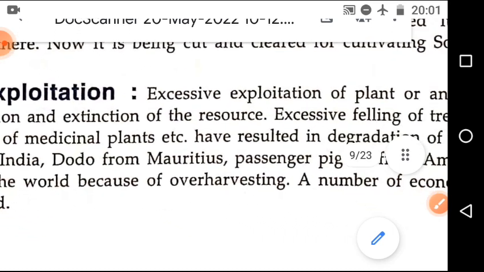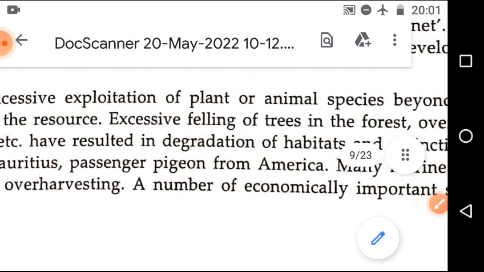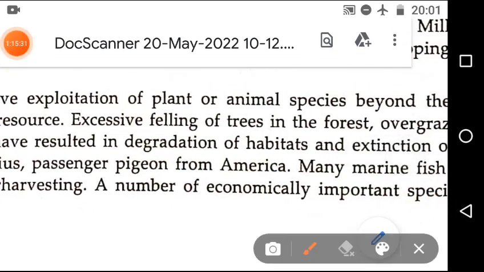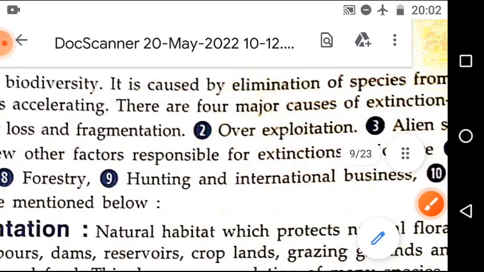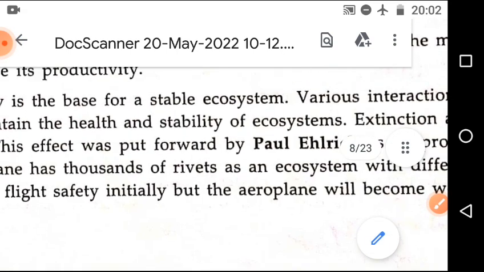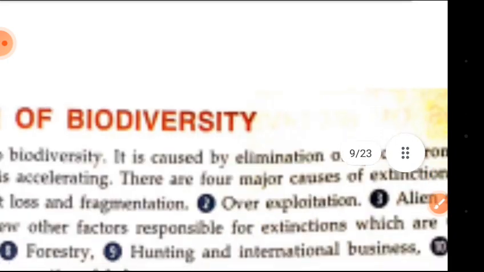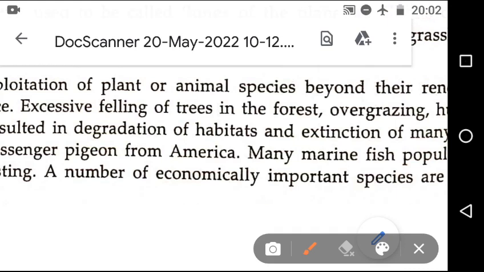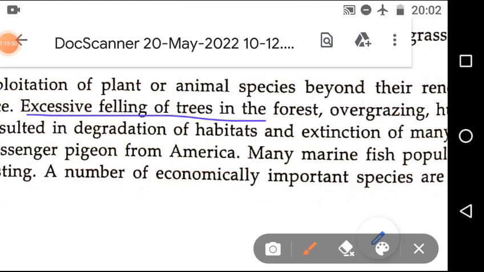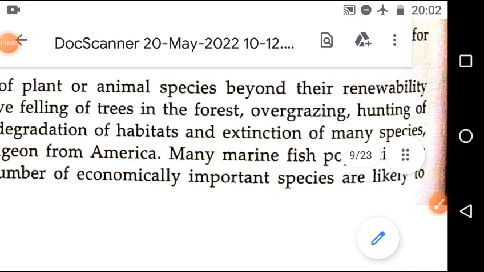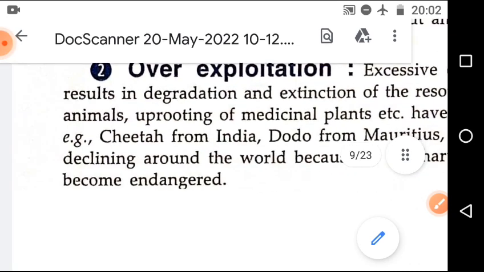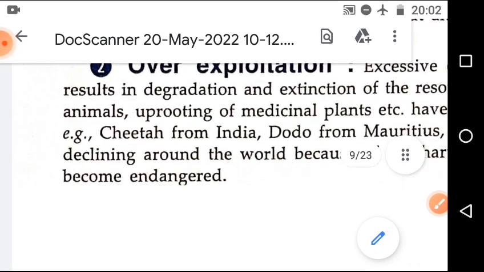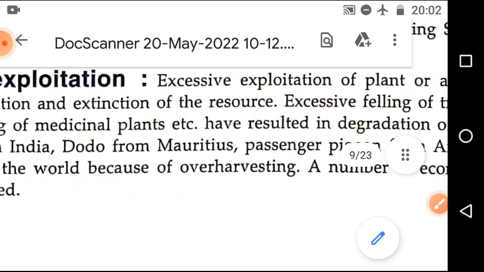Then it is saying here: excessive felling of trees in the forest, overgrazing, hunting of animals, and uprooting of medicinal plants have resulted in degradation of habitat.